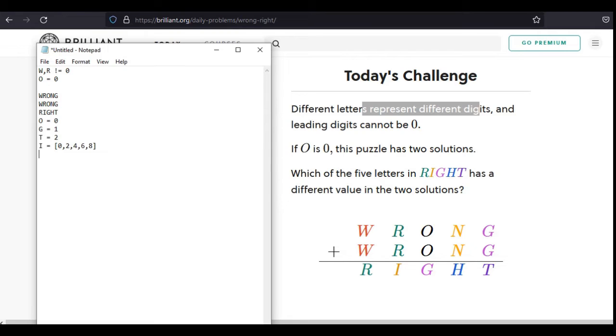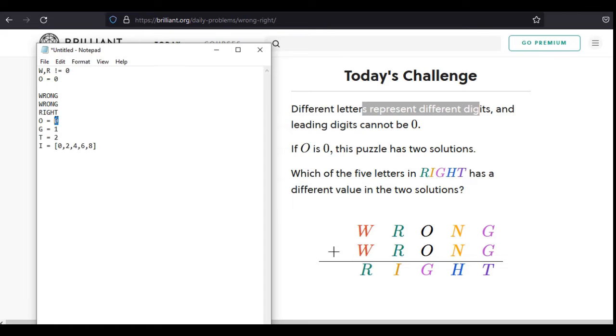Okay. And W plus W is equal to R. So what do we have now?